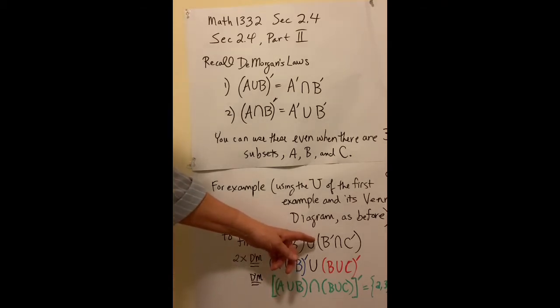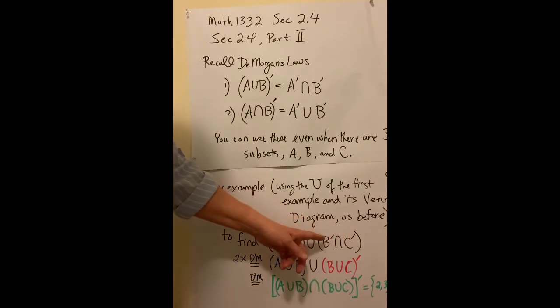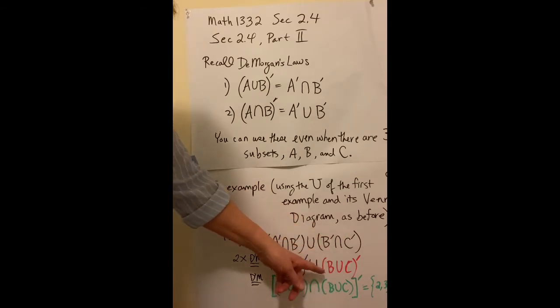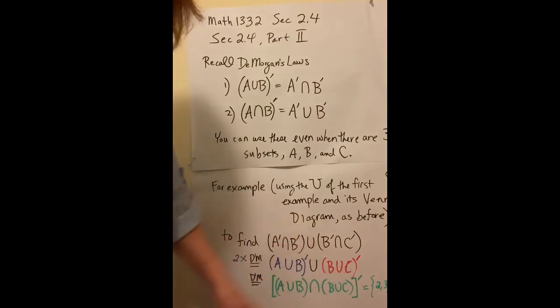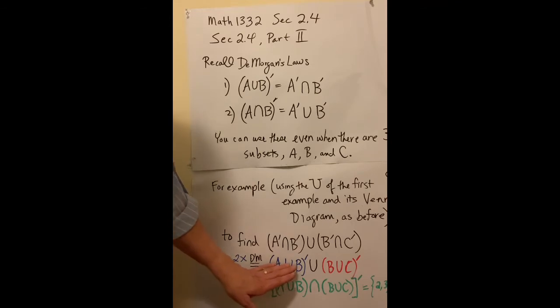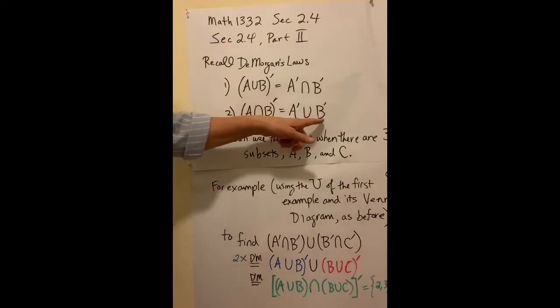Here's another. If I apply DeMorgan's laws to it, it becomes B union C, the entire quantity's complement. But look what we have here. We have the complement of something, union the complement of something.